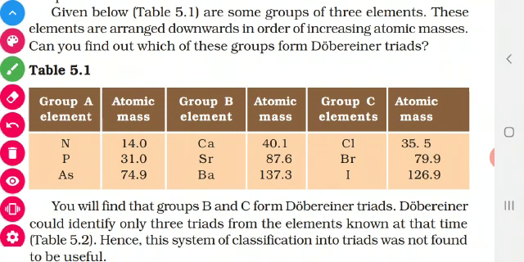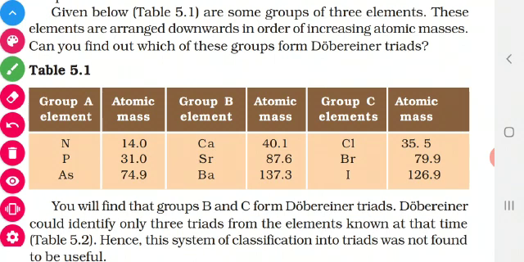Now you find out the average of the first unit. Consider group A. Find out if the average is coming or not: 14 plus 74.9 divided by 2. Is 31 coming or not? If 31 is not coming, they are not triads at all.